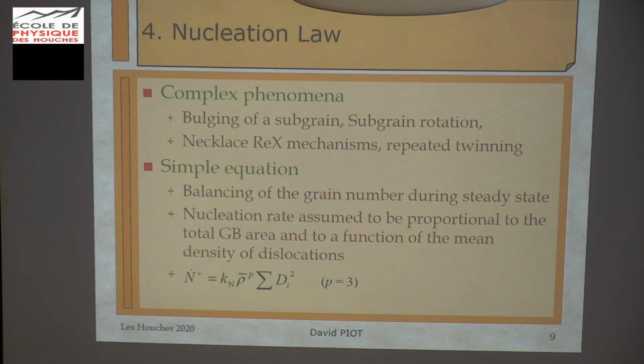So we classically use a simple assumption like that, in which the nucleation rate is proportional to the average dislocation density to a certain power p, and commonly we use 3 for certain reasons. And also the nucleation rate is considered proportional to the total area of grain boundaries in the system, so the sum of d squared.